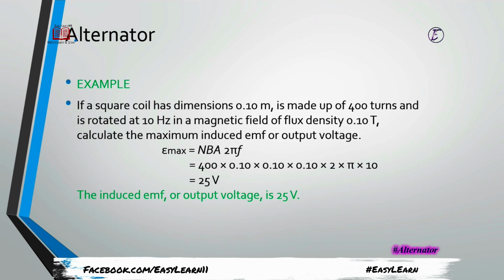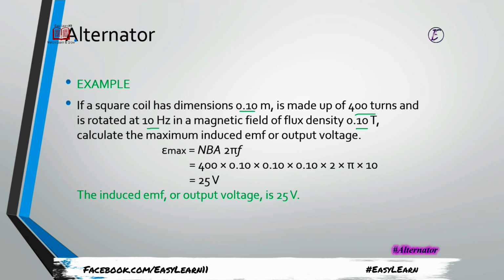Okay, here we are going to discuss an example first, then we are going to discuss the previous slide again in detail. For example, we are given a square coil with dimensions 0.1 by 0.1 meter, made up of 400 turns, N equals 400, rotated at a frequency of 10 hertz, and the magnetic flux density is 0.1 Tesla.